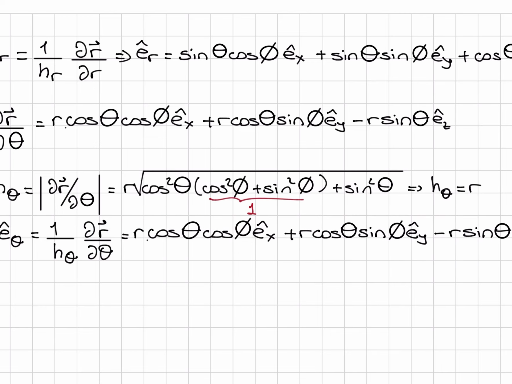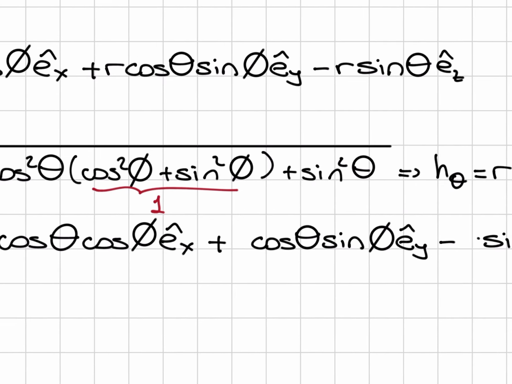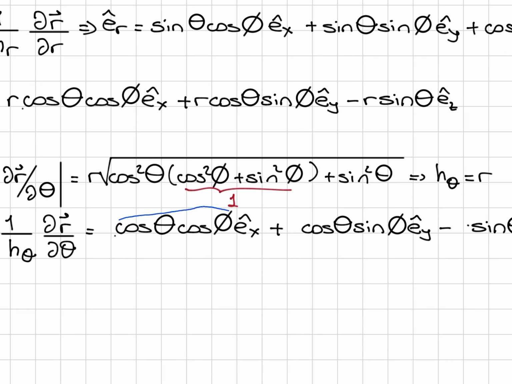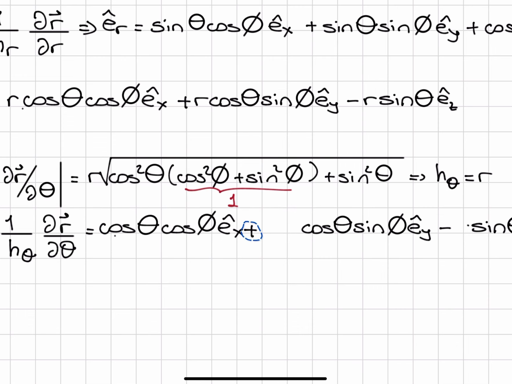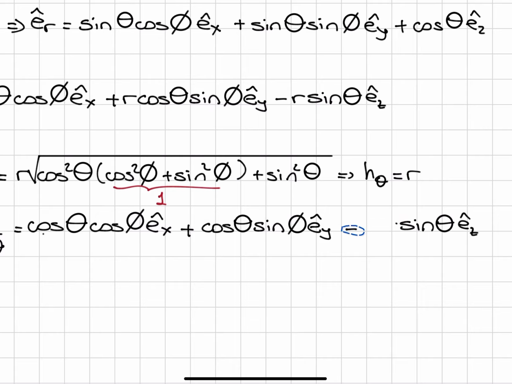So let's get rid of the r's. Then my answer is cosine theta cosine phi ex hat plus cosine theta sine phi ey hat and minus sine theta ez hat.